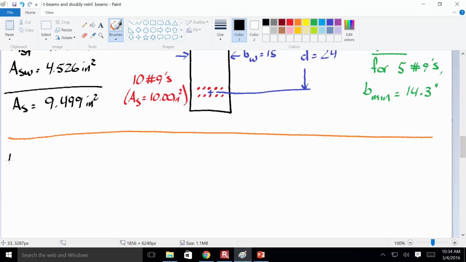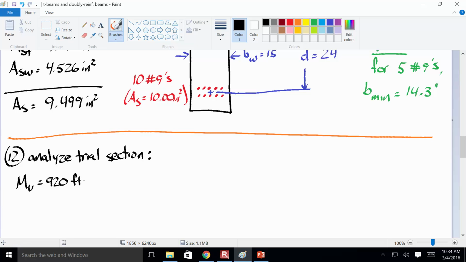You need to analyze your trial section. Mu for this beam was the factored load, and it was what, like 920 foot kips? If you go through and do the phi-Mn calcs, you're going to get a phi-Mn of 953, or wait, no, 935, sorry, 935.